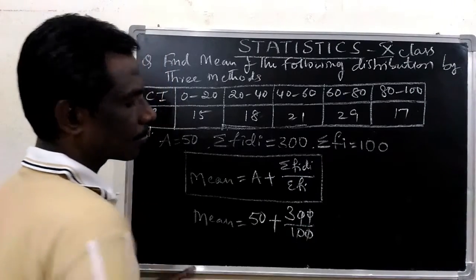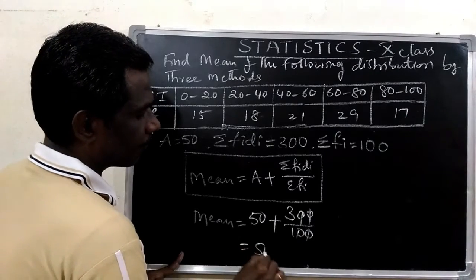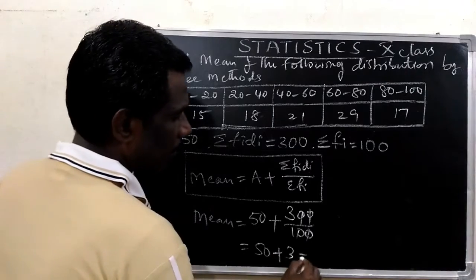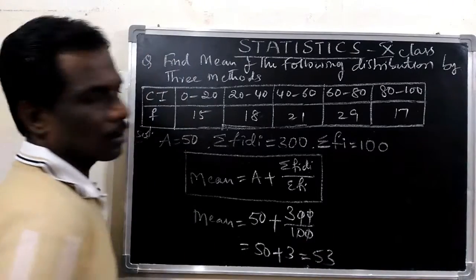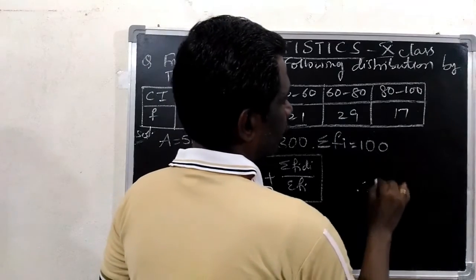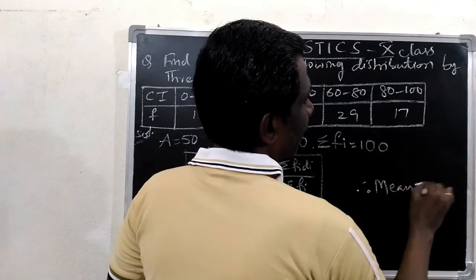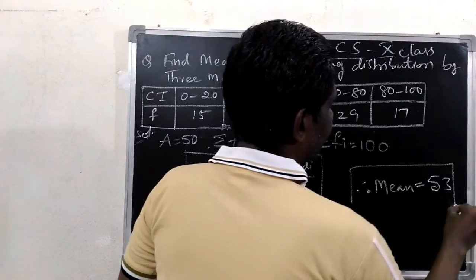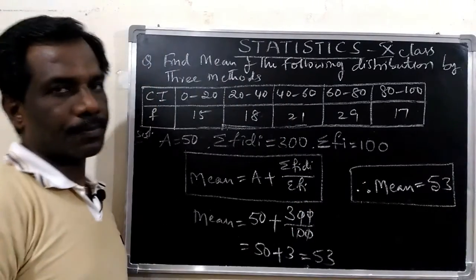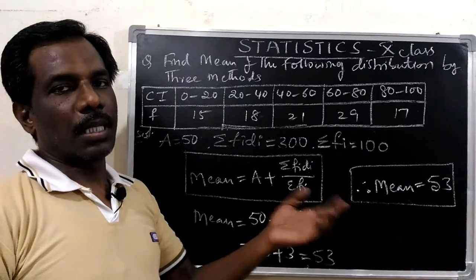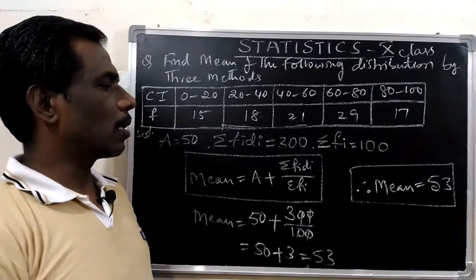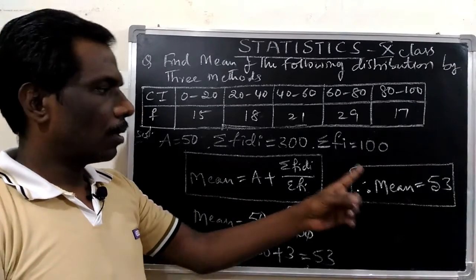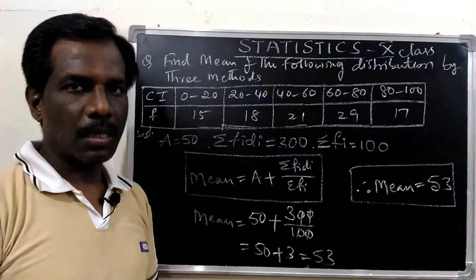Cancel these two zeros. Then 50 plus 3 remains, which is equal to 53. Therefore mean is equal to 53. So for the direct method we got the 53 answer, and in this shortcut method also we get 53 as the answer.